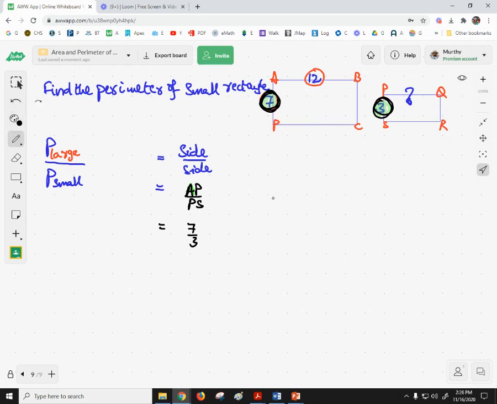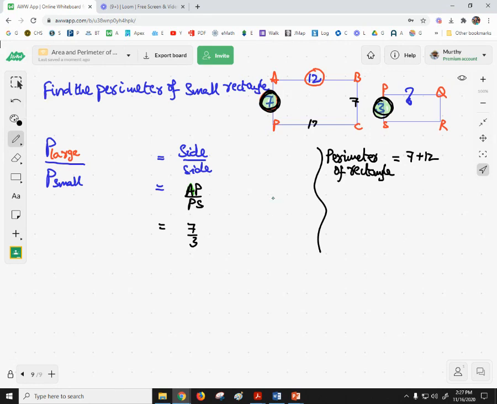Friends, there are two ways to find the perimeter of a rectangle. One is the sum of all the sides, or twice the length plus width. Either you can take. So I'm taking 7 plus 12. Don't forget, in a rectangle, opposite sides are equal.